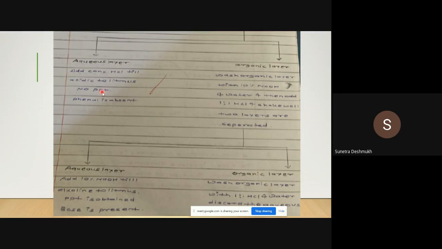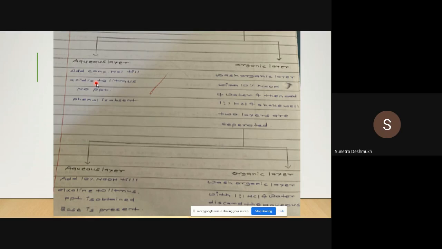That means you can get misleading results. If acid is present, it can come up to here and show precipitate formation, and there may be confusion.